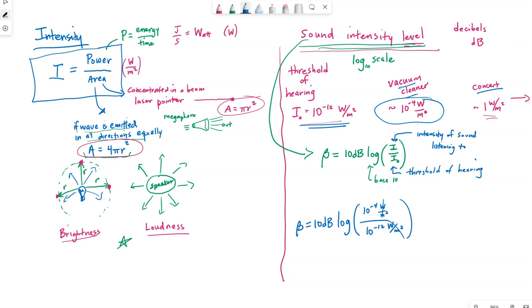So those units cancel. So 10 to the negative 4 divided by 10 to the negative 12. Log base 10 of that times 10 would be 80 decibels.